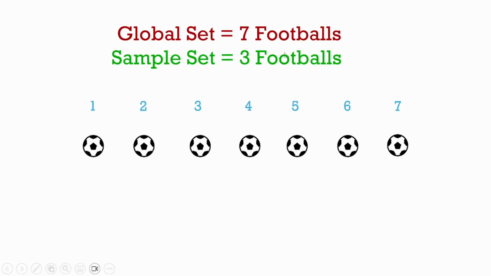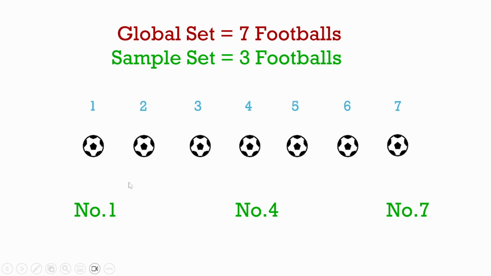Among this global data set, we need to select 3 footballs, which will be our sample data set. If I order this sample table by a certain column such as order date and select only 3 footballs among the 7, it will first take the first football, the last among the 3 will be the 7th football, and the second selection in that sample table will be evenly distributed, which will be the 4th one.